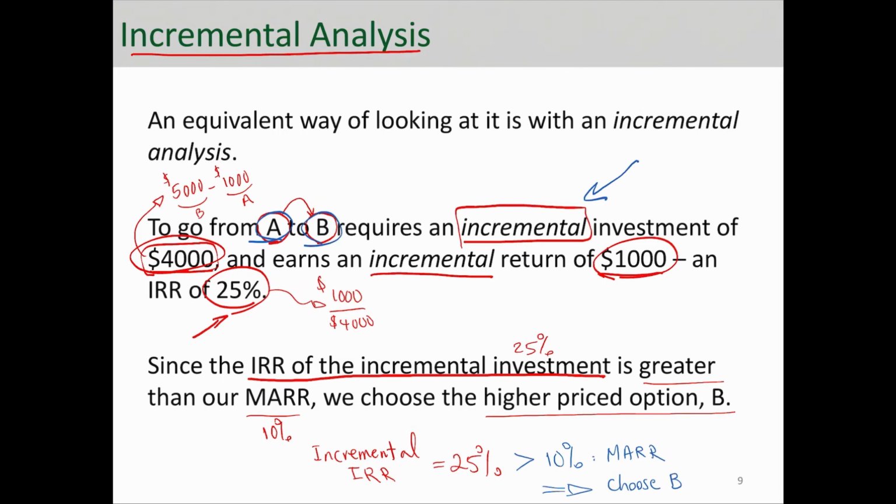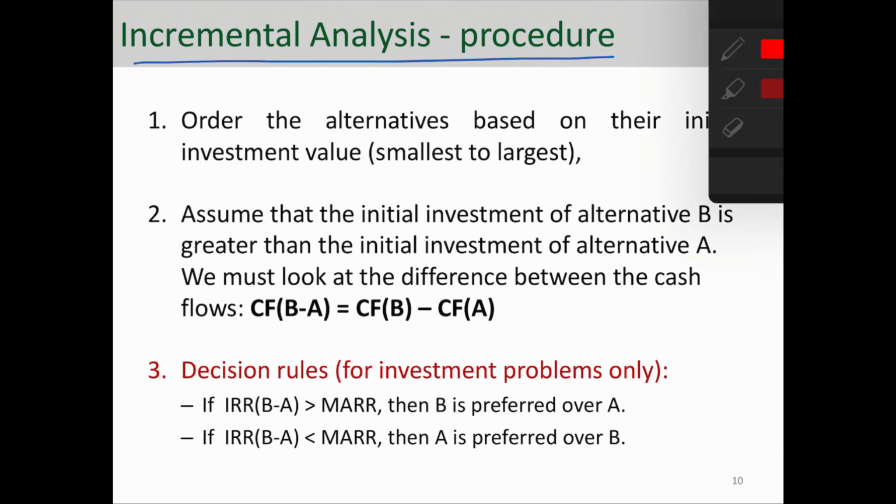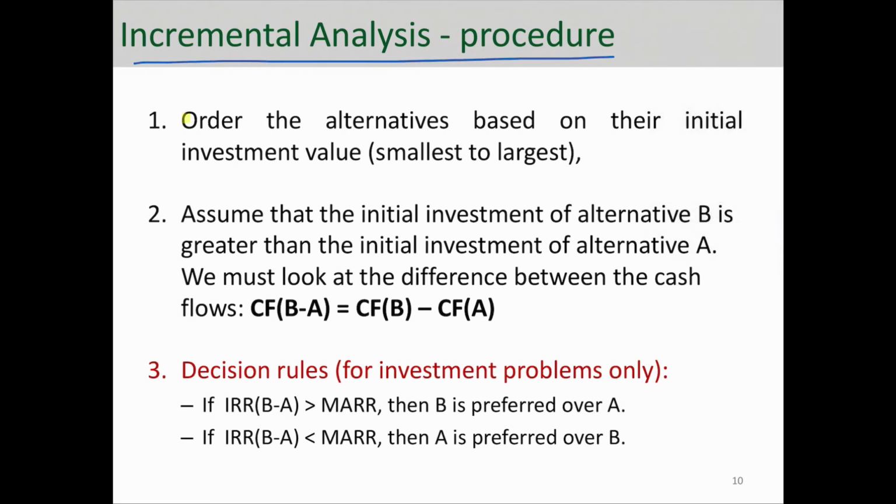So to put this in a formal procedure, here I have the incremental analysis procedure for you laid out in 3 steps. The first step is you have to order your alternatives based on their initial investment value, smallest to largest.